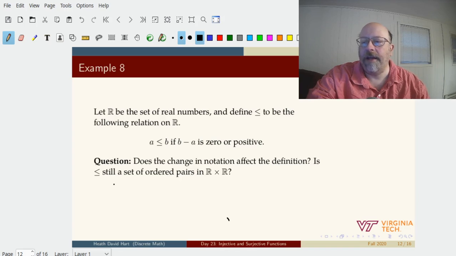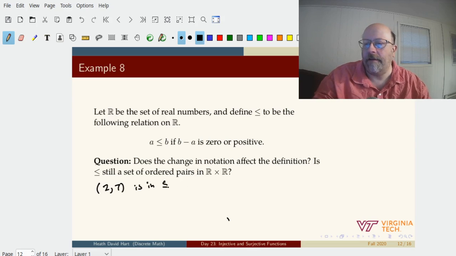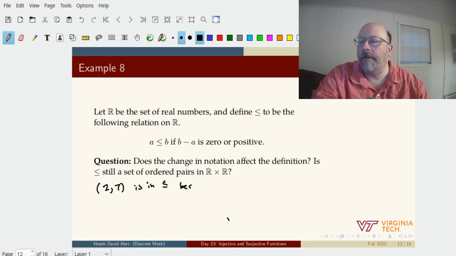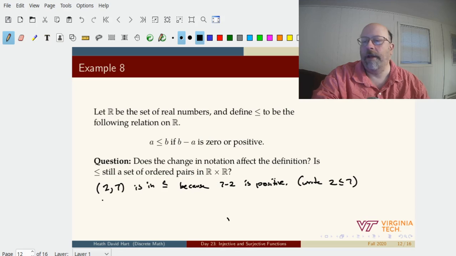What this is saying is that, let's say (2, 7) is in R, or is in the set less than or equal to, because 7 minus 2 is positive. And so we would write 2 less than or equal to 7 with the symbol in between.